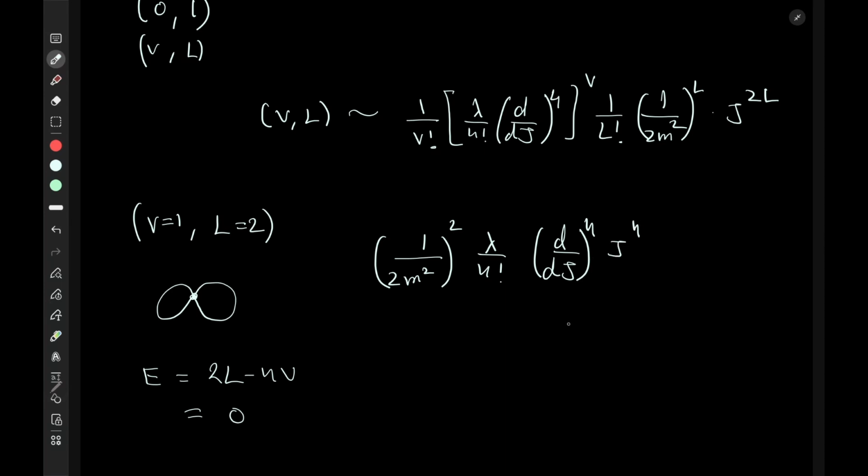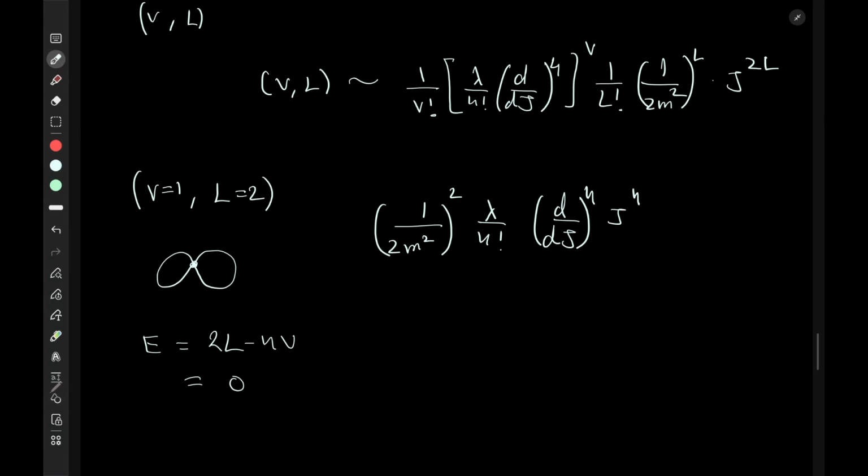L is again 2, so we'll have j to the power 4. So when the derivative acts on j to the power 4, I'll get 4 factorial times j to the power 0, which is just 1. So this whole thing will turn into 4 factorial, which will cancel out with this.